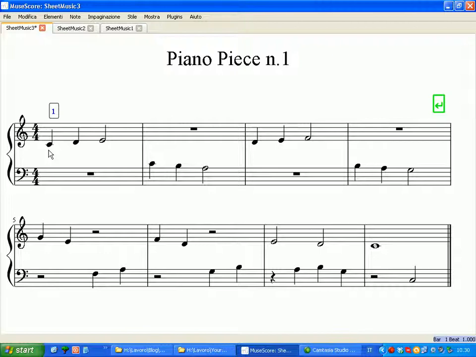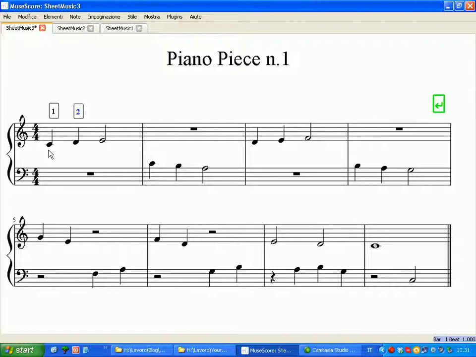We have said that one beat lasts one quarter note. So of course the first note that we have here is a quarter note. It is very intuitive that the second beat will occur on the second note, in this position.